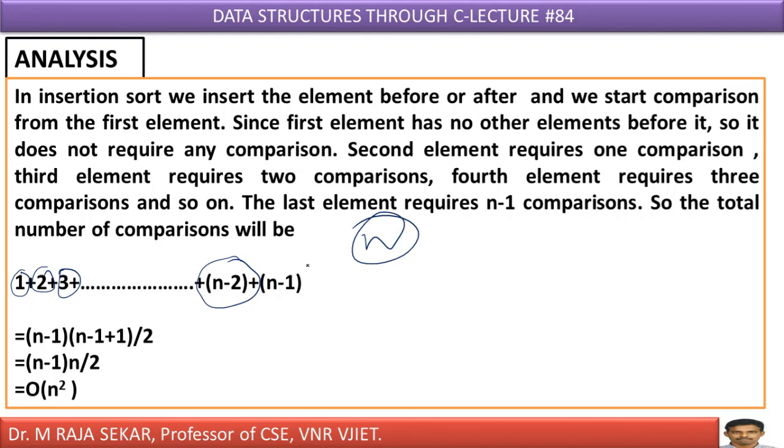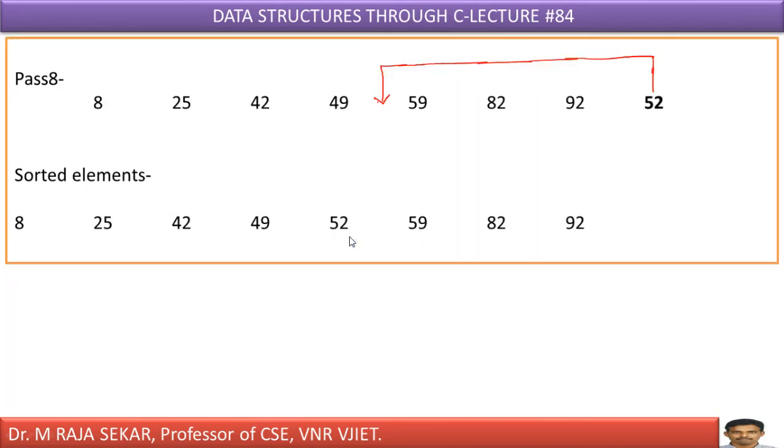Finally, if you observe carefully, how many elements are there? 1, 2, 3, 4, 5, 6, 7, 8. That means 8 elements. 8 means how many comparisons finally do we need? 1, 2, 3, 4, 5, 6, 7, 8, isn't it?